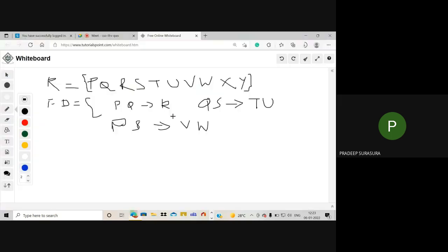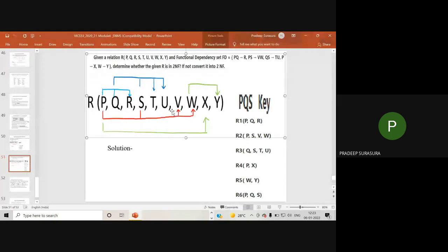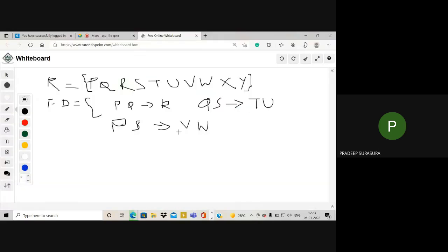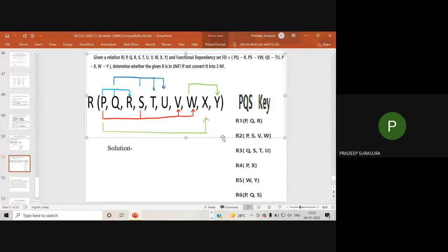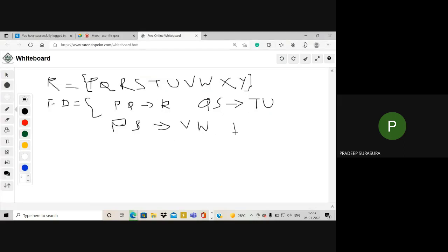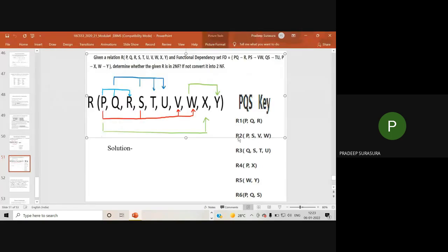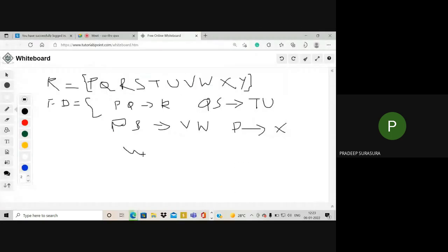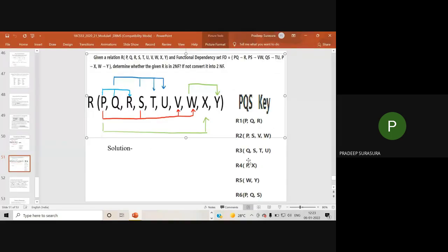The earlier one was QS determines TU, PS determines VW. Then the fourth one is P determines X, and W determines Y. Hope all the FDs are covered.